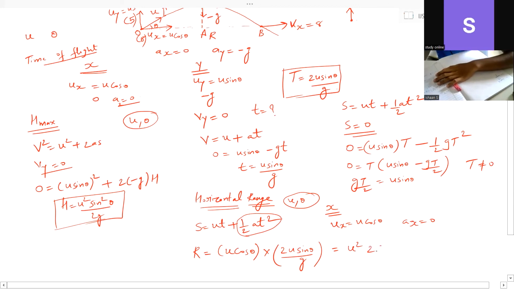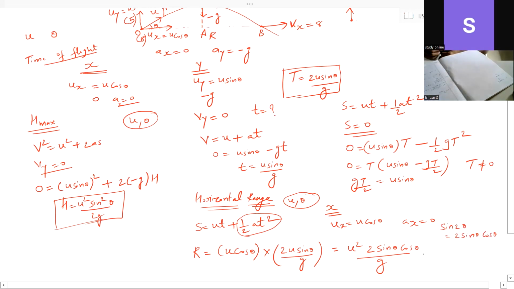Okay, so you got it like this only. Yes. So there is a formula: sine 2 theta equal to 2 sine theta cos theta.